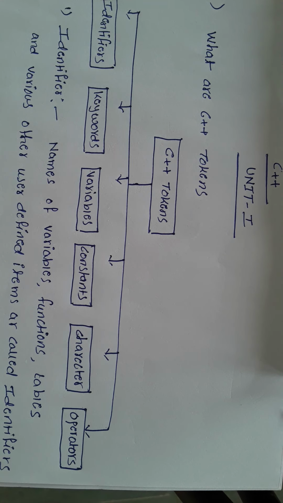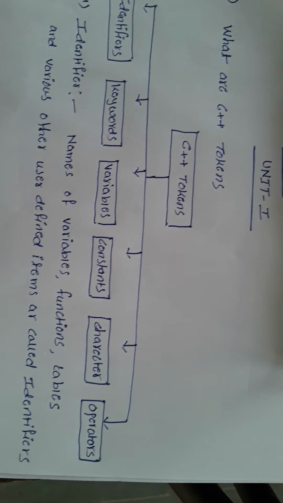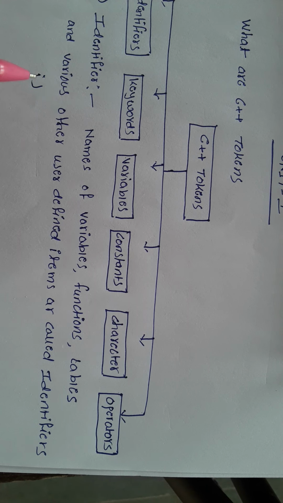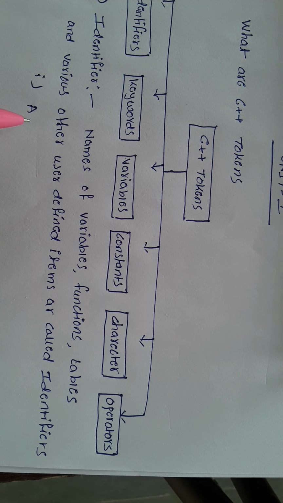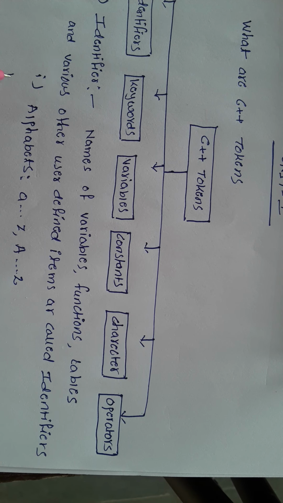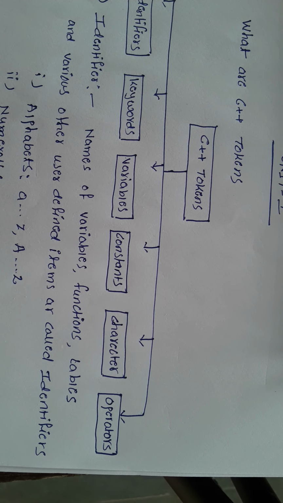An identifier can include the following characters. What are those? Actually, in identifiers we need alphabets: small a to z or capital A to Z. Second, numbers or numerals, that is 0 to 9 digits can be used.